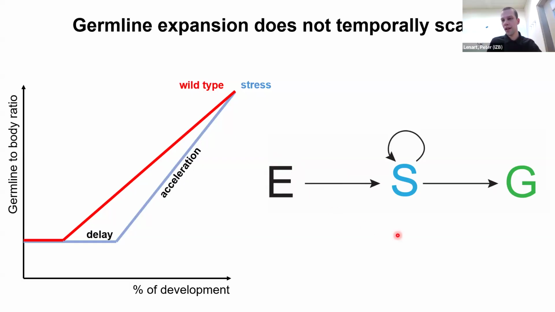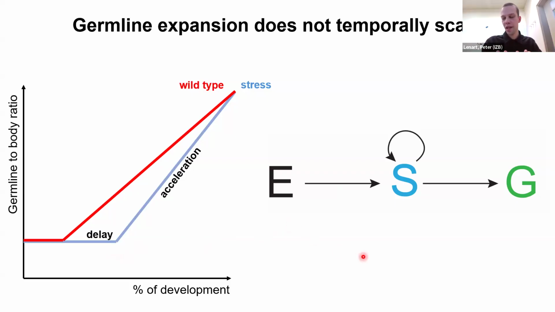But germline actually gets its resources from soma, not directly from the environment, and so it's to some extent shielded from this detrimental effect. So its maximal possible growth rate decreases less than that of the soma, and therefore it can outgrow soma even more than normally. So it can start accelerating its growth later in development.